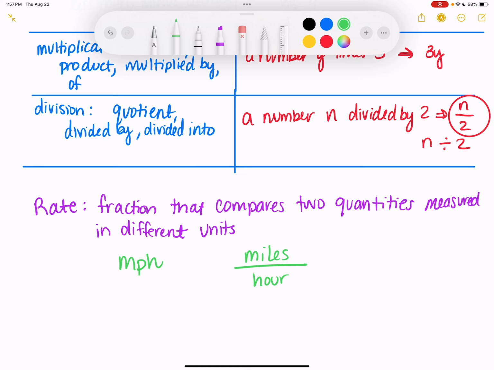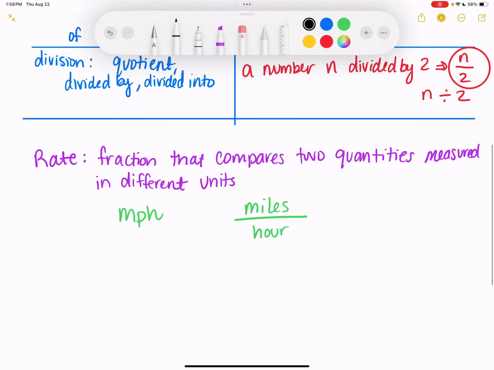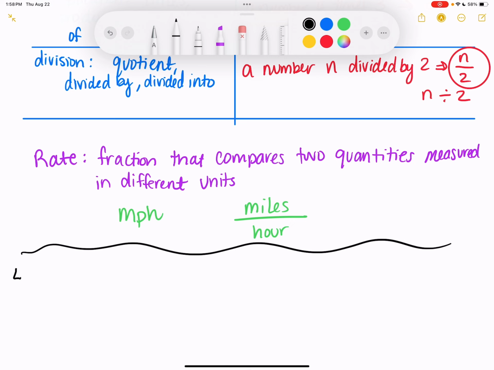So let's jump into some examples of all of this stuff. So this says to translate the verbal phrase into an expression. So number 4, the product of 6 and a number y.